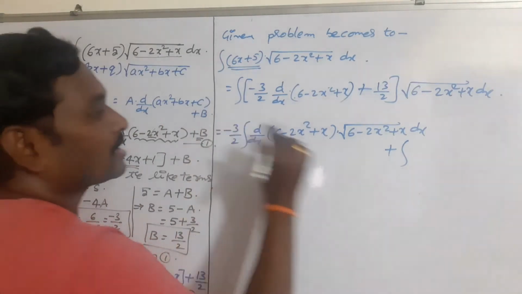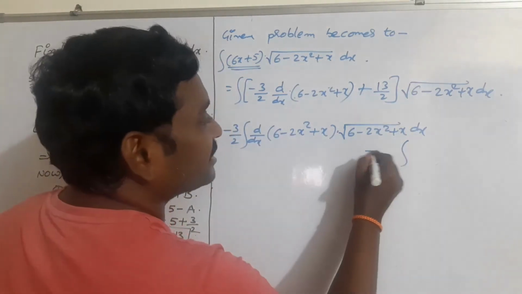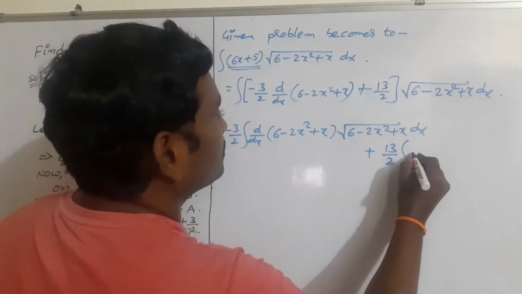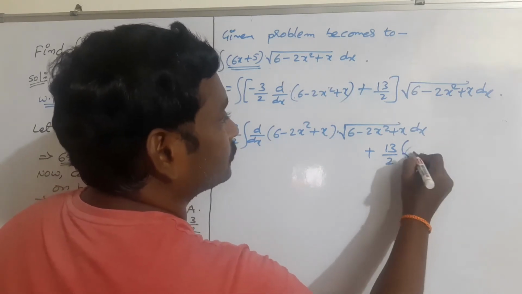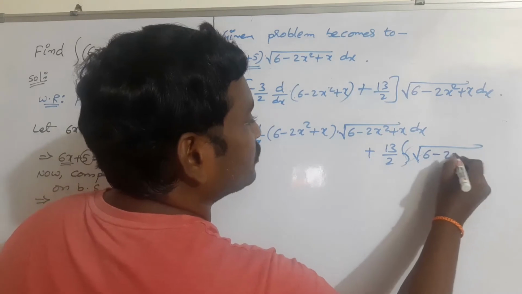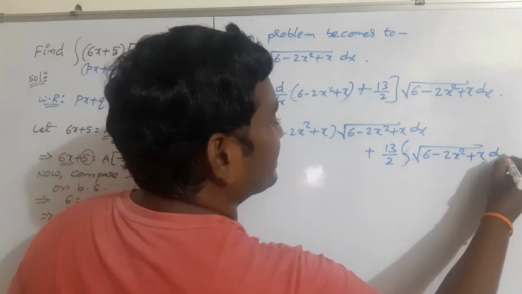We have the integration symbol also, so write 13 by 2 directly outside of the integration, 1 over root over 6 minus 2x square plus x dx.